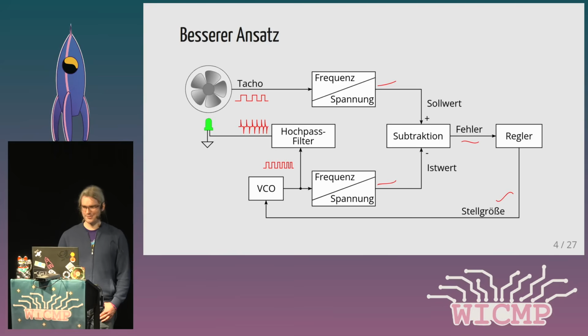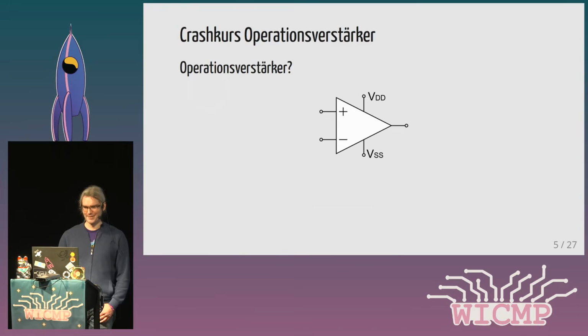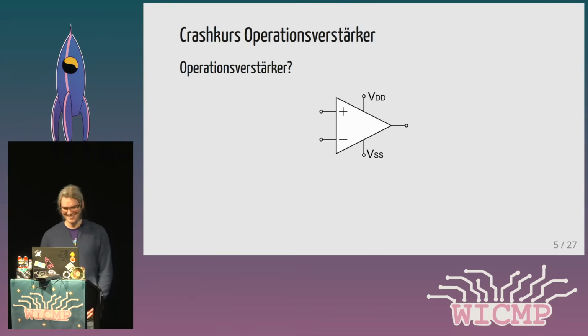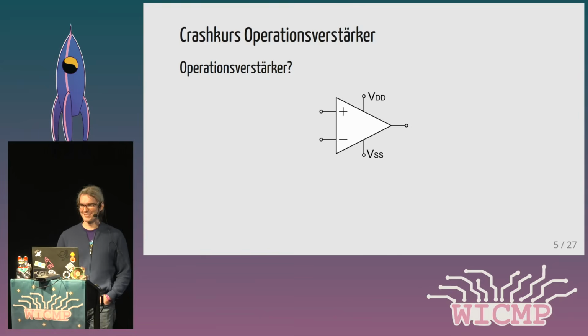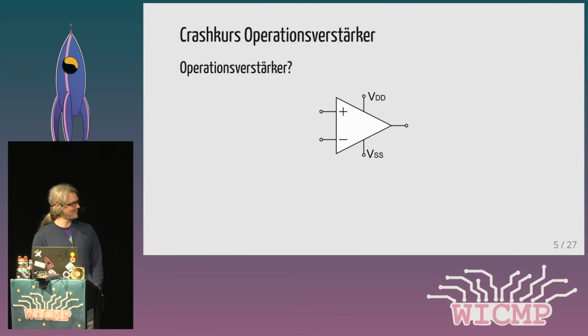Let's have a brief look at the components we need here. So, this is what an operational amplifier looks like. Who has seen something like that before? It seems like all of you know that already. So that's the symbol for an operational amplifier. It has two inputs, plus and minus.